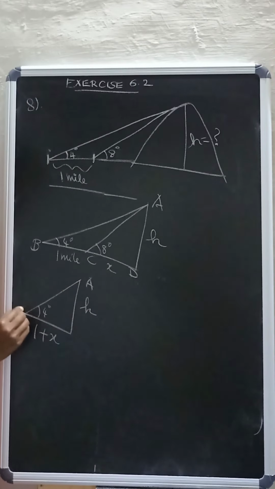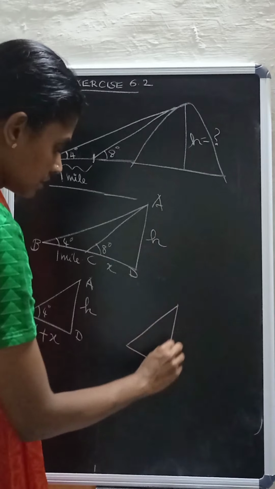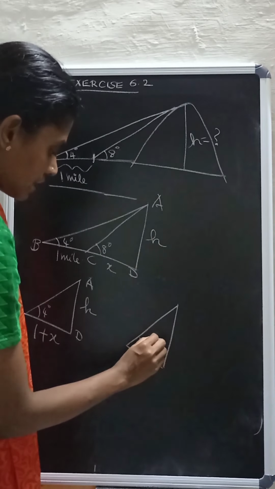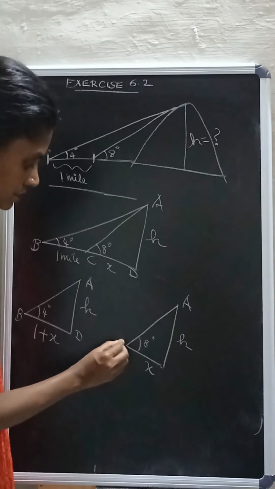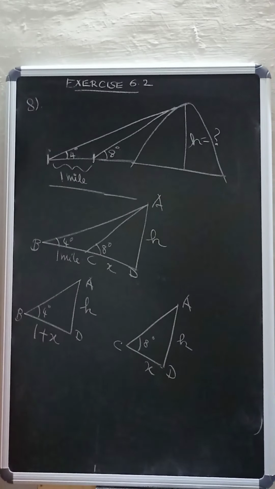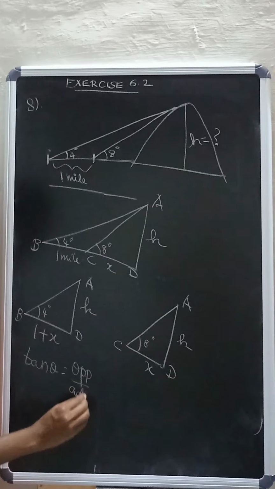A, B and D. Now take this triangle, 8 degrees, H by x. A, C, D. Now we have opposite and adjacent, so we will take tan theta, opposite by adjacent.